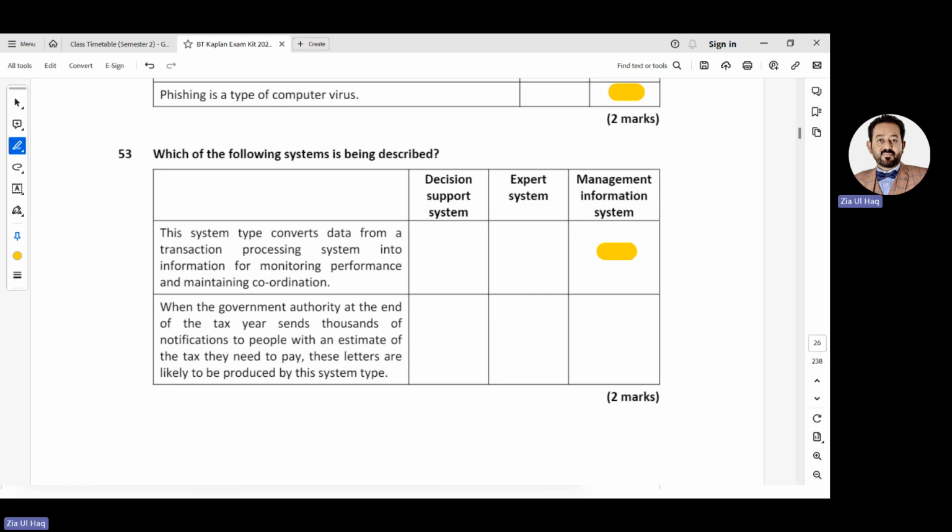MIS. When the government authority at the end of the tax year send thousands of notifications to people with an estimate of the tax they need to pay, these letters are likely to be produced by this system type, expert system.